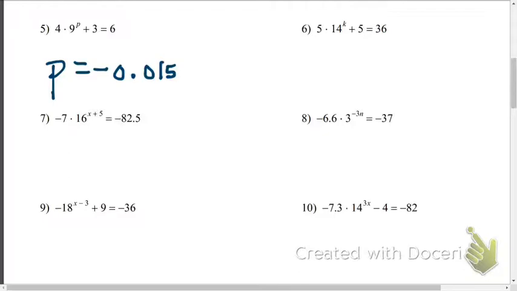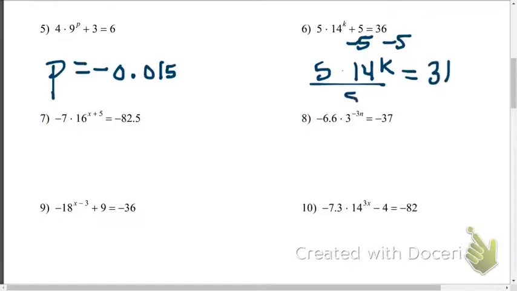I apologize, you guys. You would do 6 the same, subtract 5 from both sides. 5 times 14k is equal to 31. Divide by 5. 14k is equal to 6. Excuse me.